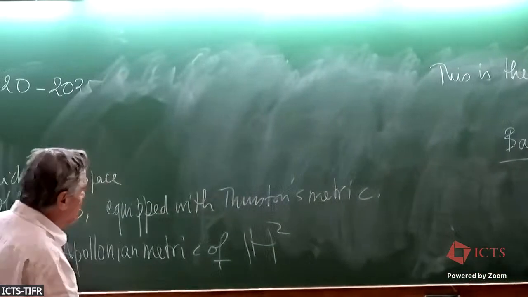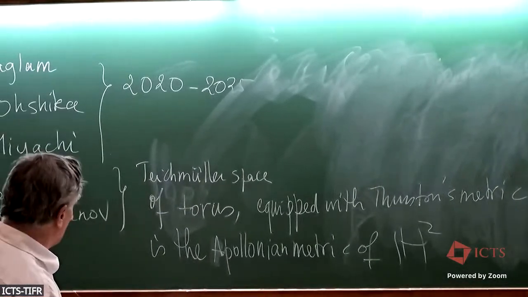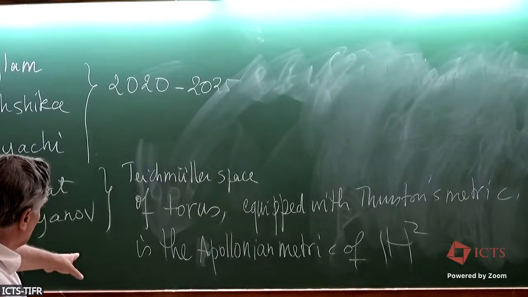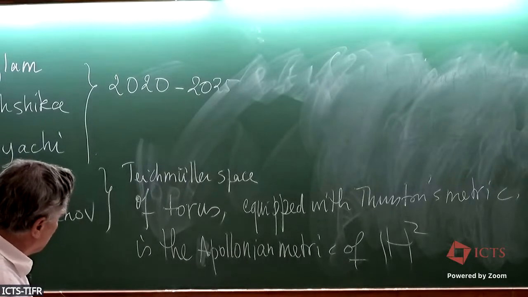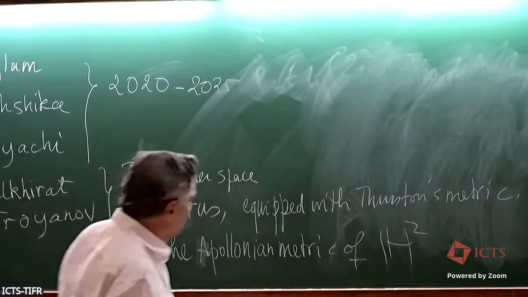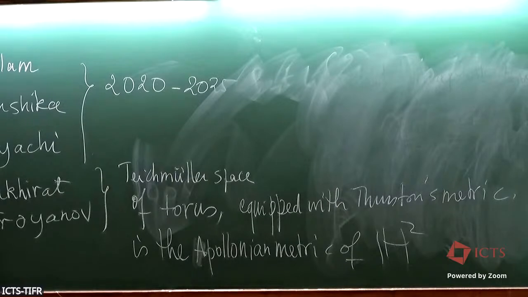I will not recall this because it would take all the rest of the hour. The Teichmüller space of the torus equipped with the Teichmüller metric is the hyperbolic plane, right?